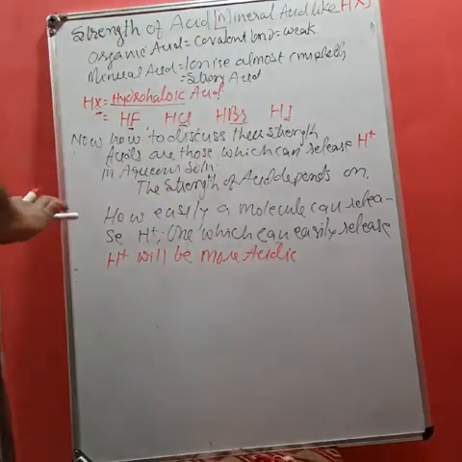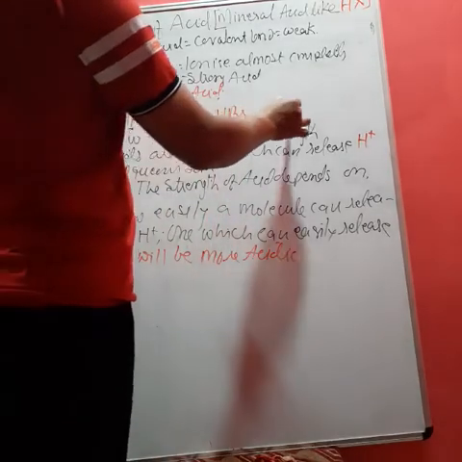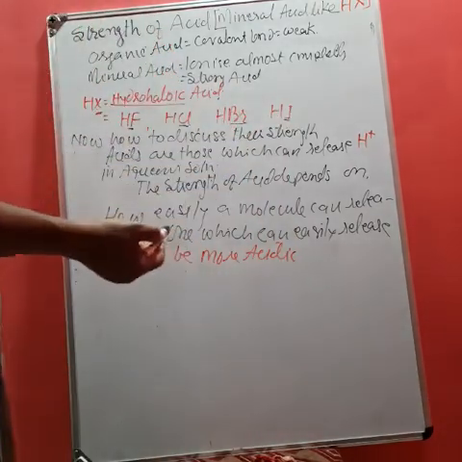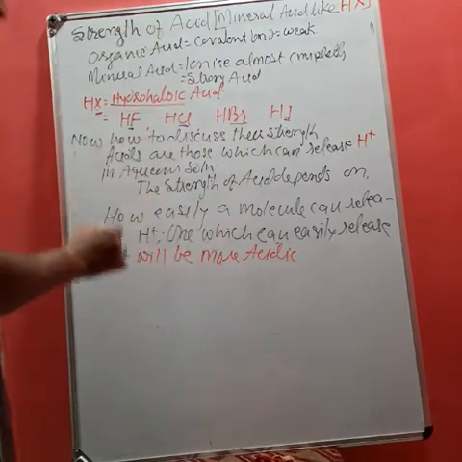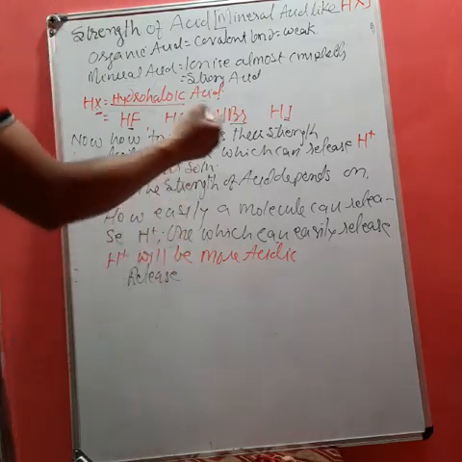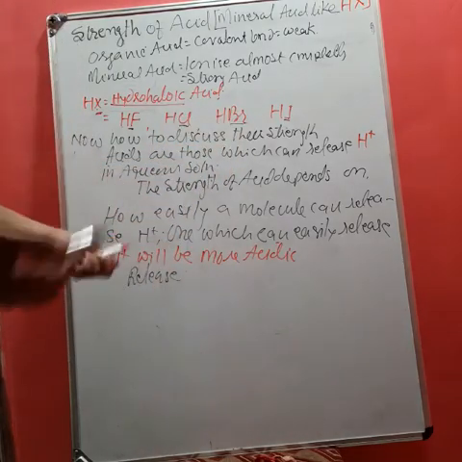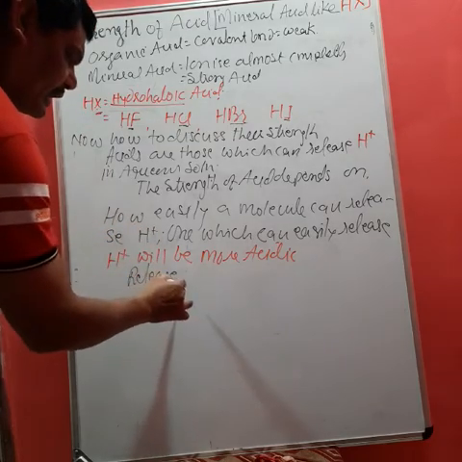That means now from HF, HCl, HBr, and HI, we have to discuss which can release H cation more easily. But to find the answer, we have to see the factor which affects the releasing of H cation. Therefore, we can see the content.